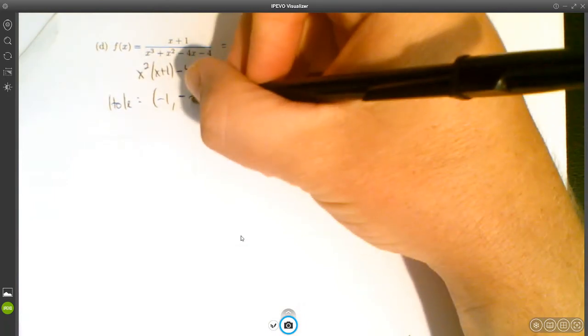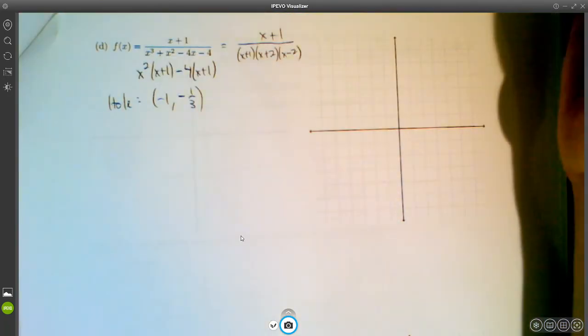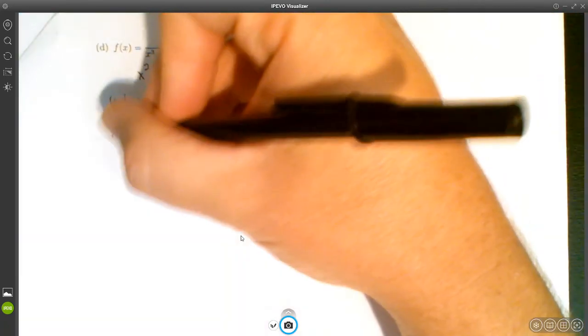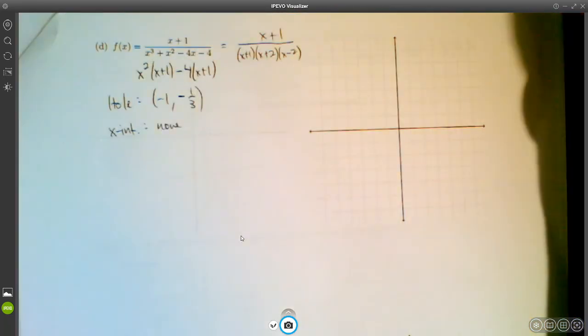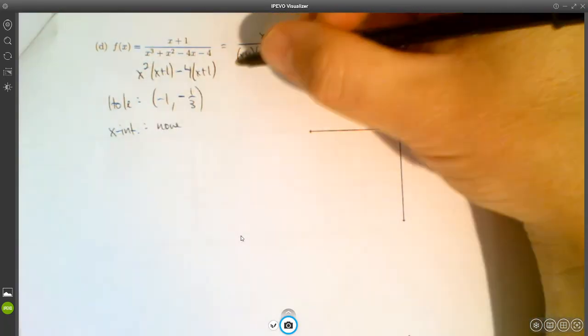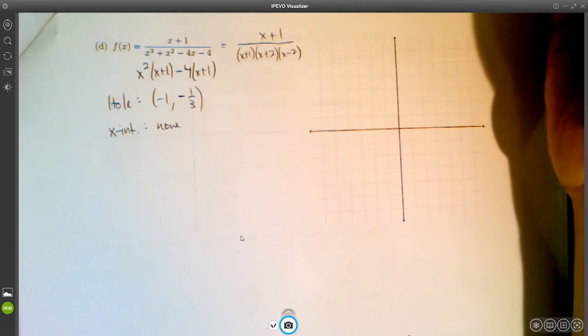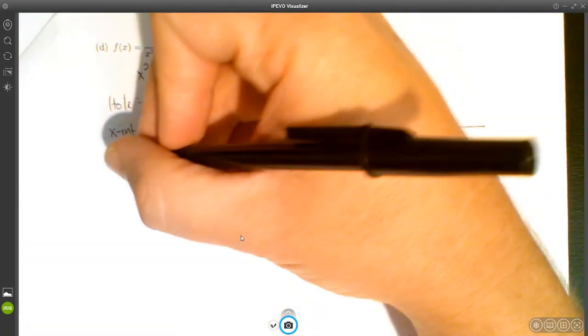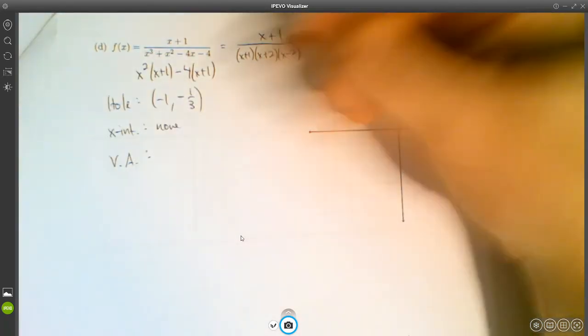So I've got a hole at negative 1, negative 1/3. I have no x-intercepts, because the only candidate was actually a hole, not an x-intercept. I've got a couple of vertical asymptotes, one at negative 2, one at positive 2.